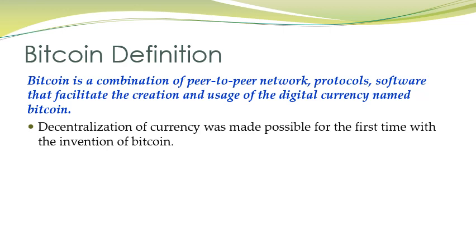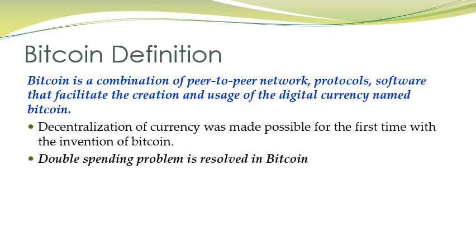So this is the decentralization of currency. The decentralization of currency was made possible for the first time with the help of Bitcoin. This Bitcoin solves the problem of double spending. We have studied this double spending problem, and in future sessions also we will go into the details of double spending.